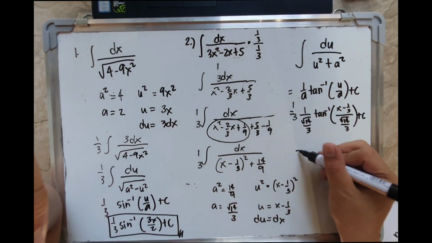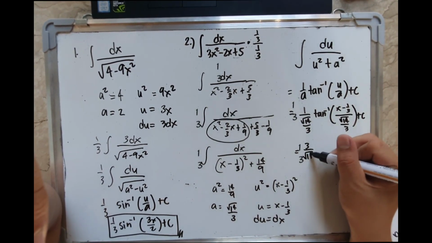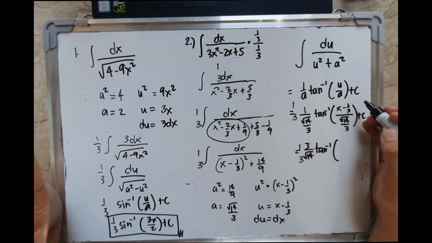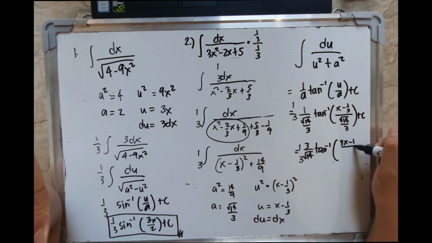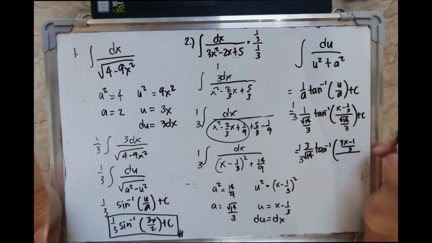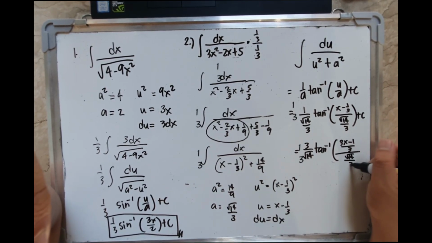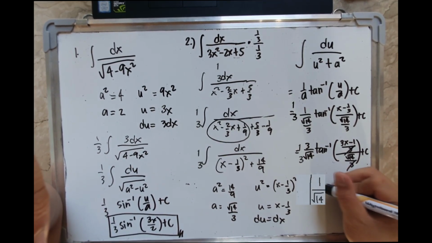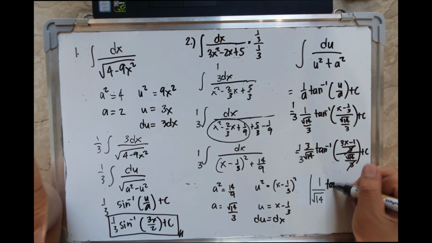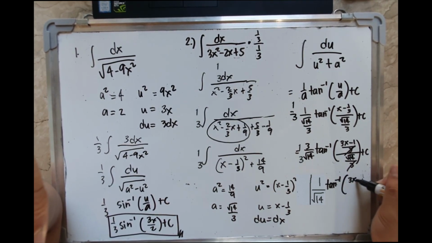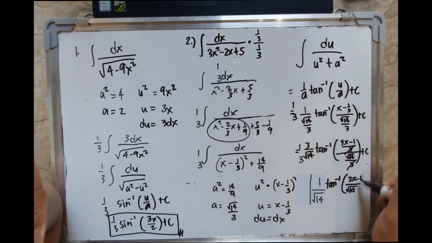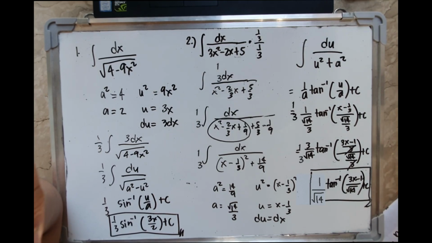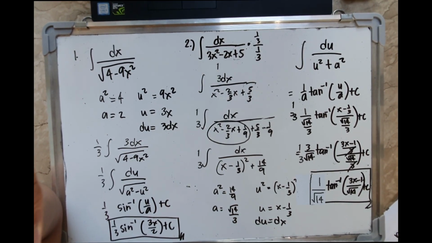Take the reciprocal, 3 over the square root of 14, the arctan of, simplify the numerator, 3x minus 1 over 3, all over the denominator square root of 14 over 3. Let's see, we could cancel 3. Our final answer will be 1 over the square root of 14, the arctan of 3x minus 1 over the square root of 14 plus c. Now this is our final answer. Problem number 2.